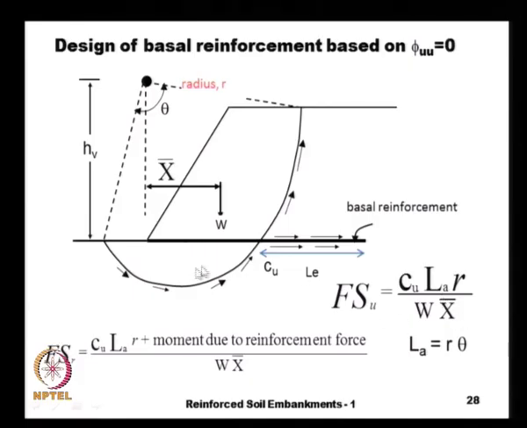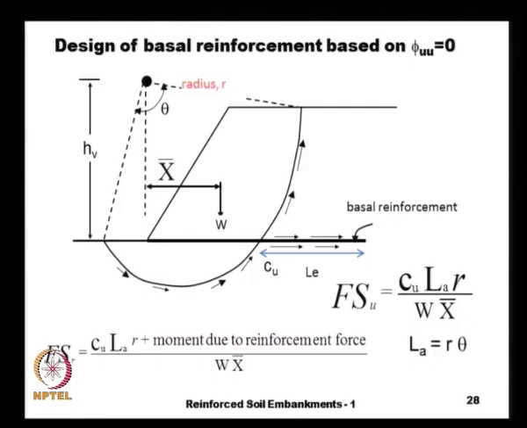And then the resisting moment is because of the cohesive force that is developed along the slip surface length. So, it is simply Cu multiplied by the length of the arc La, and that is the resistance force, and this multiplied by this lever arm, or the radius r, gives us the resisting moment.